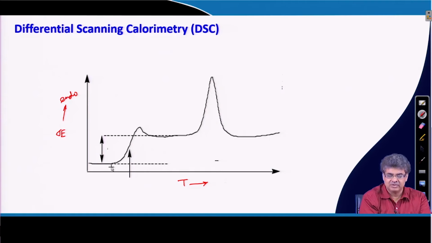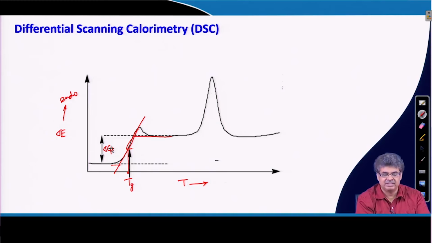So, if we draw a line from this side and another from this side and draw a tangent through them, the middle of this point would be your Tg, and this difference is delta Cp, the difference in the heat capacity. So, this is Tg and this is T melting.